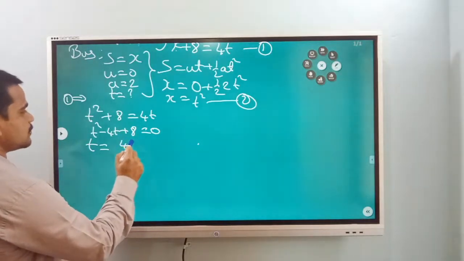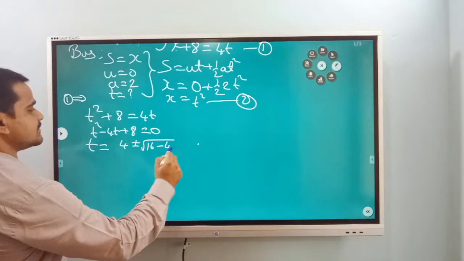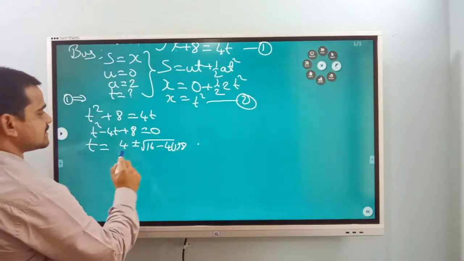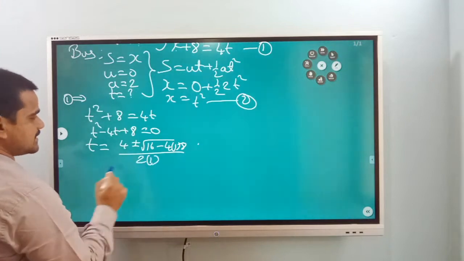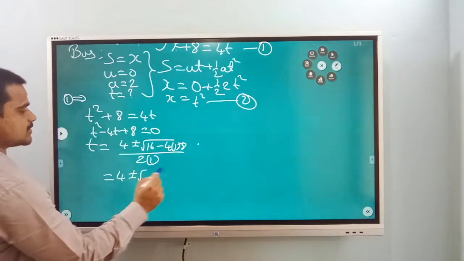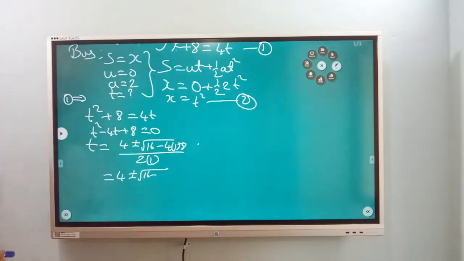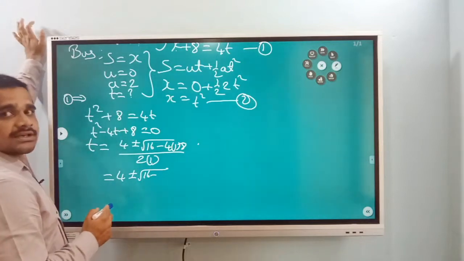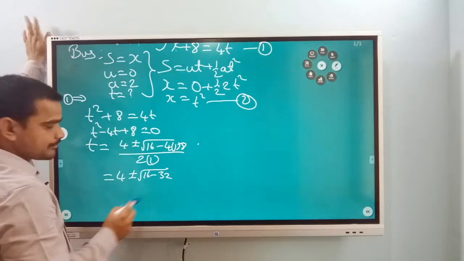Minus b means 4, plus or minus root of b square minus 4ac. 4ac is 4 times 8. So how much am I getting? 4 plus or minus root of 16 minus 4 times 8. 4 times 8 is 32, correct? Divided by 2.